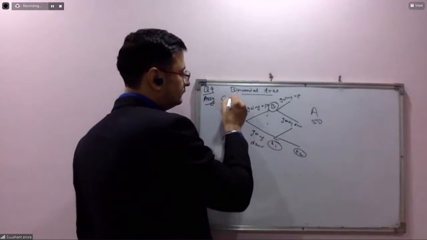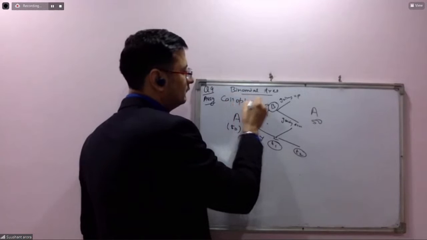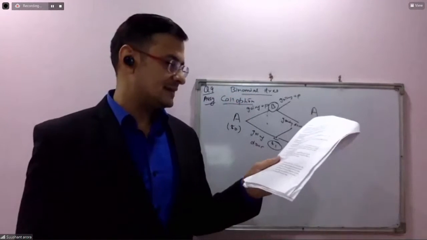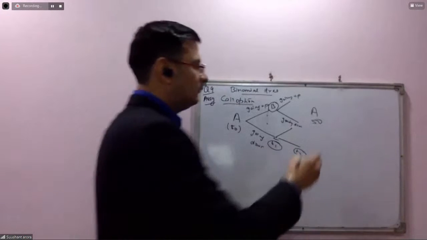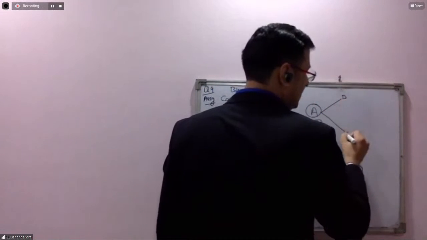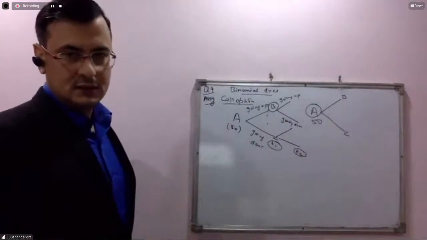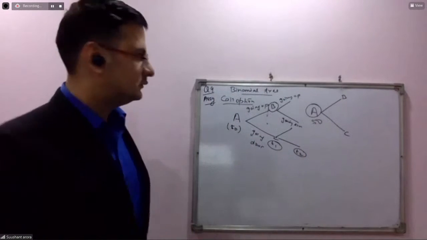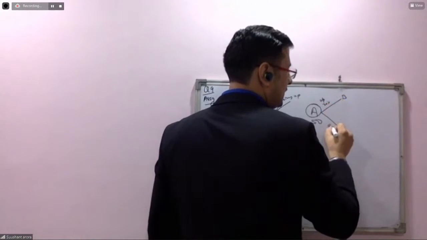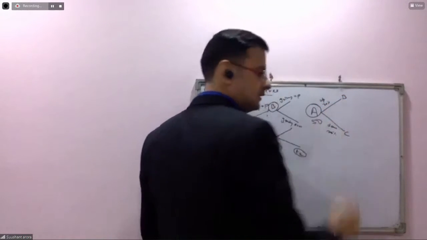So A started at 50, the exercise price is 50. The possibility of the price going up is 20%, and down 20%.